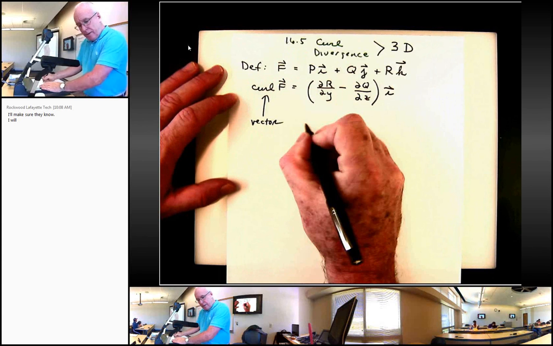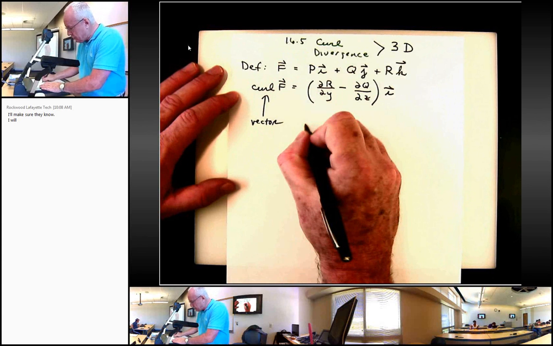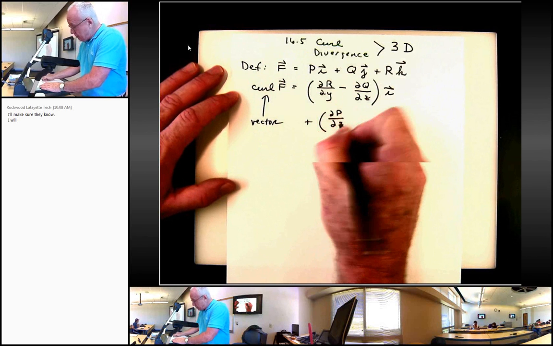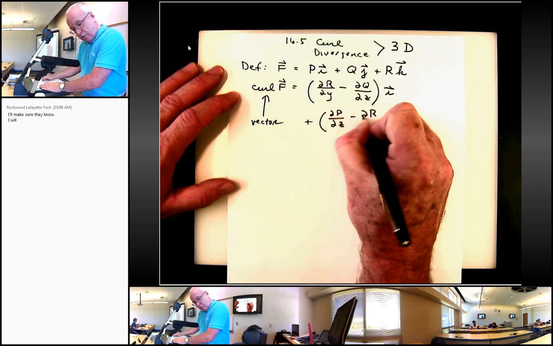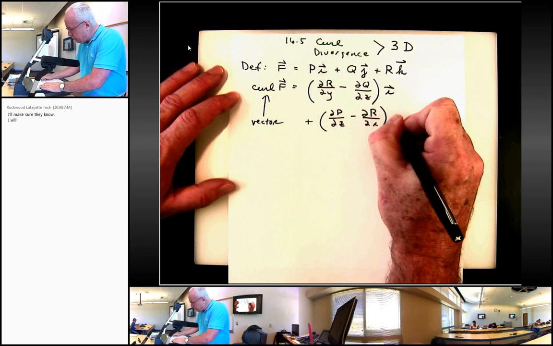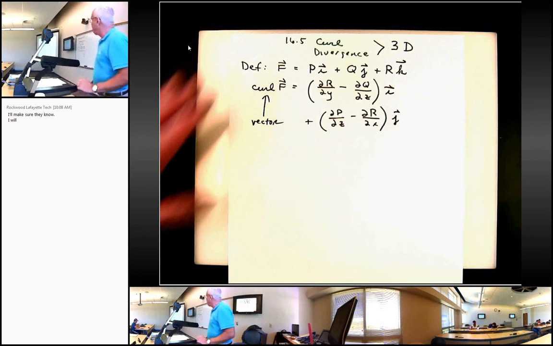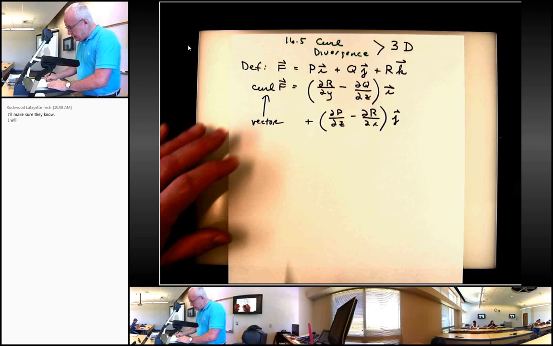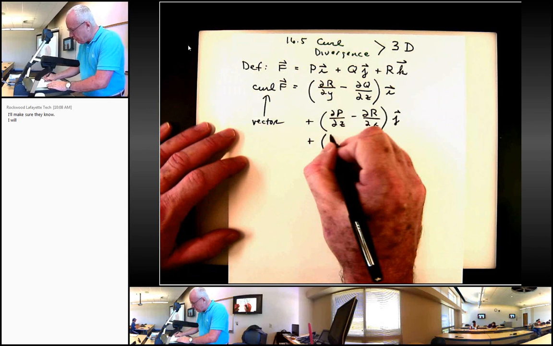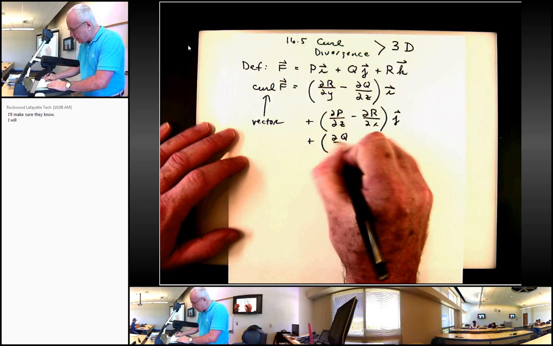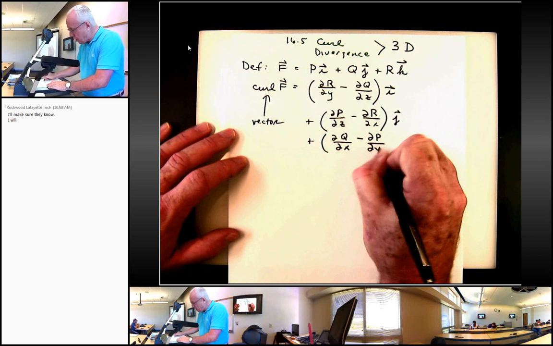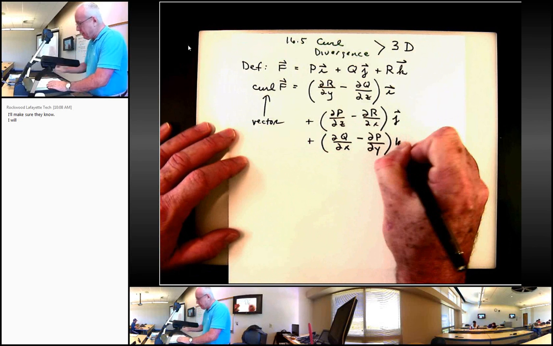And then we have the next component. This is the partial derivative of p with respect to z minus the partial of r with respect to x. And that's all multiplying the j vector. And then finally, the third one is the partial derivative of q with respect to x minus the partial of p with respect to y, and that's multiplying the k vector.